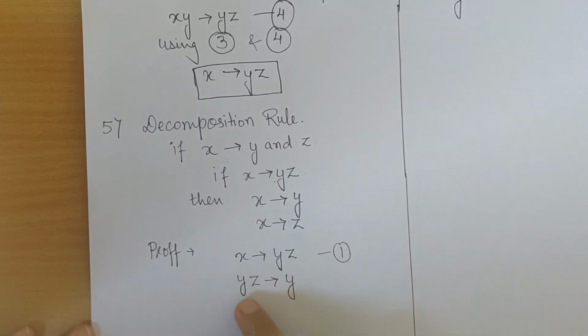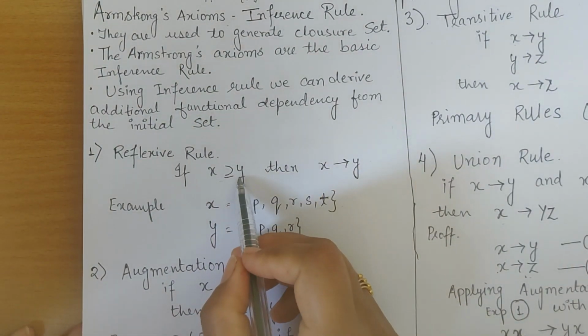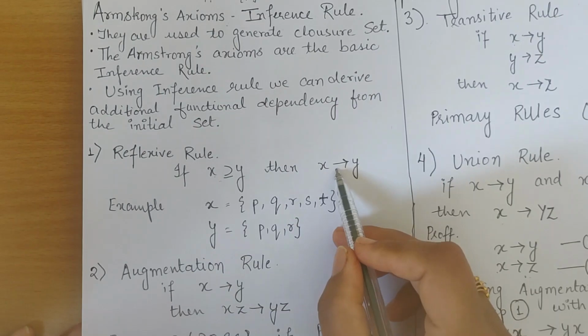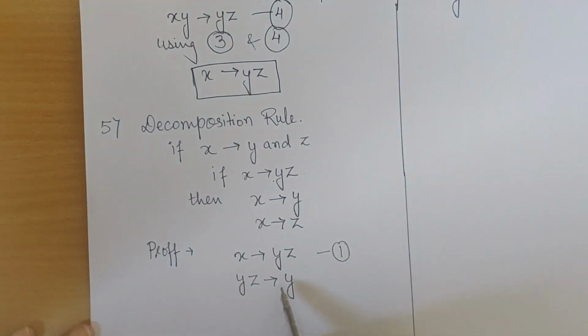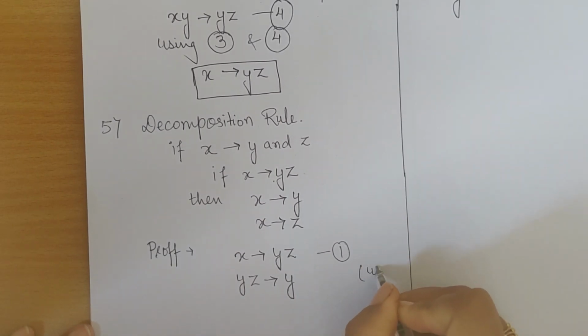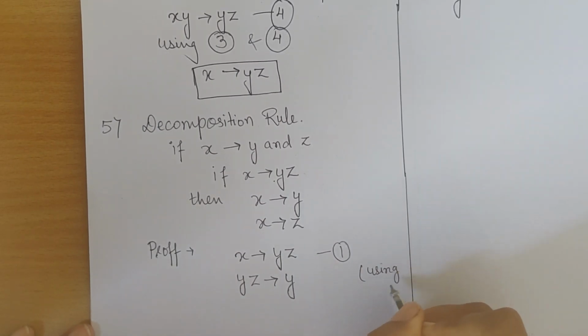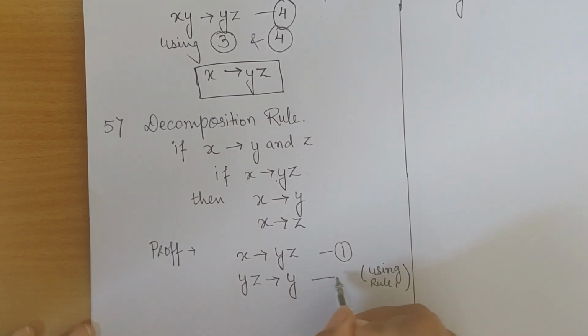According to the reflexive rule, if Y is a subset of X, X will determine Y. Similarly, Y is a subset of YZ, so we can write YZ determines Y. How are we doing this? Using rule number 1, the reflexive rule. This is my second expression.